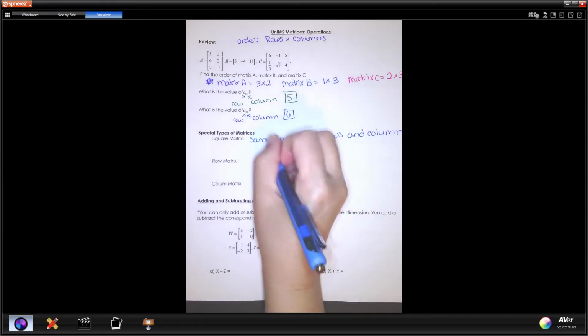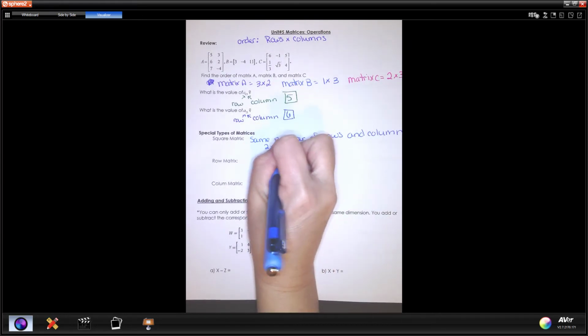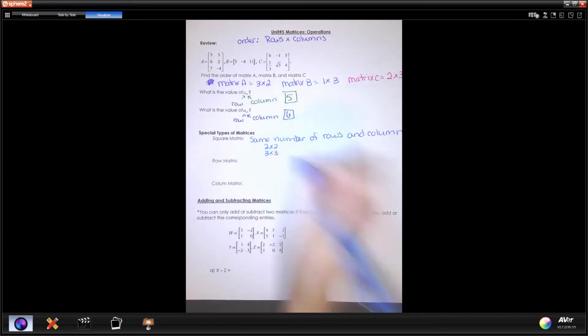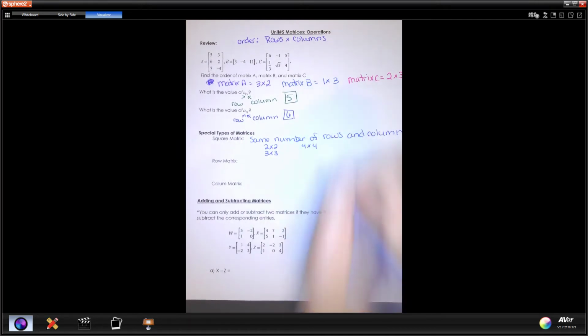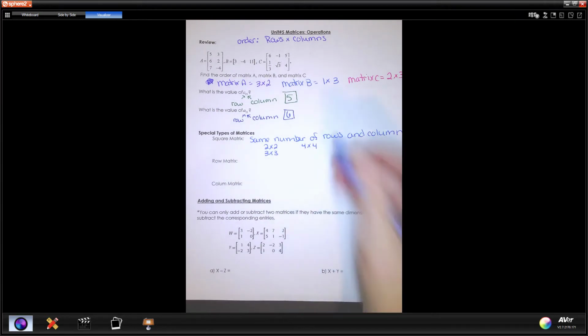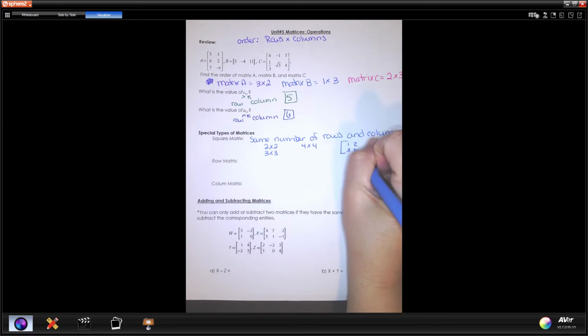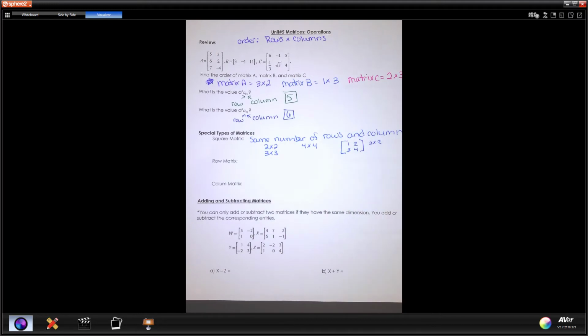So for example, that would be a 2 by 2, a 3 by 3, or a 4 by 4. So the dimensions ultimately just make a square. That could be like 1, 2, 3, 4. So this would be a 2 by 2.